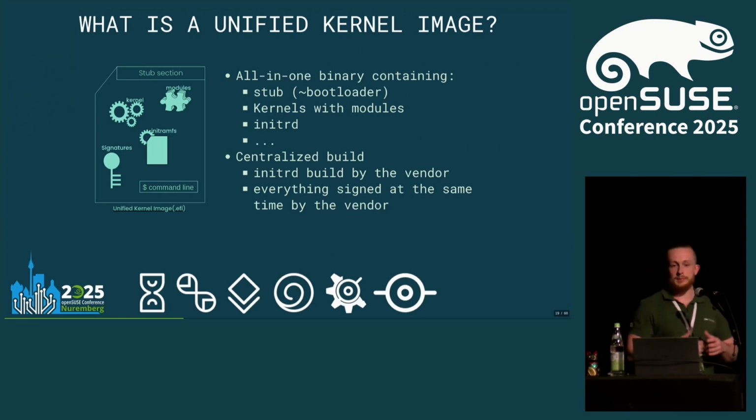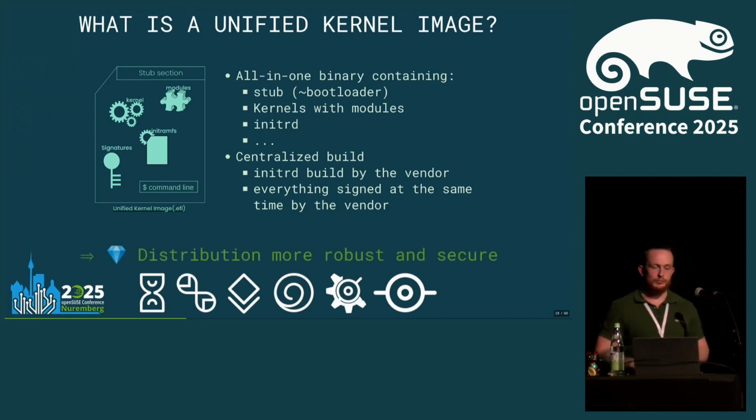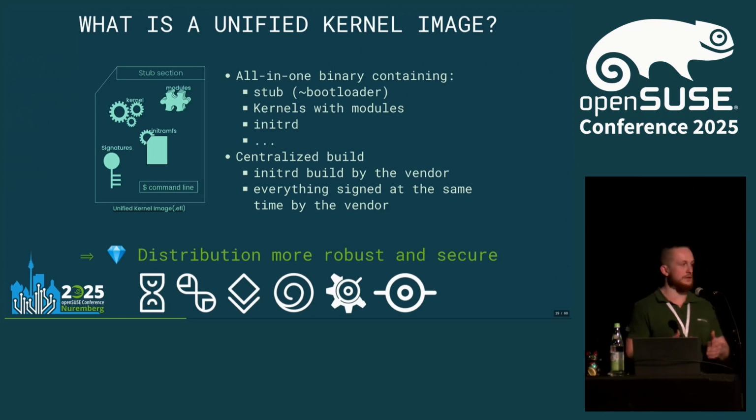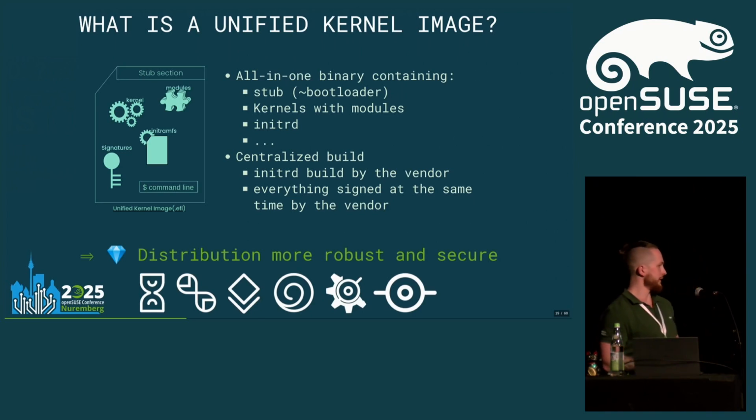The Initrd will be built by the vendors, so that's why we first needed to build our static Initrd before creating our UKI. Everything will also be signed at the same time because it's just one big file. So if we provide that, the distributions become more robust and more secure.